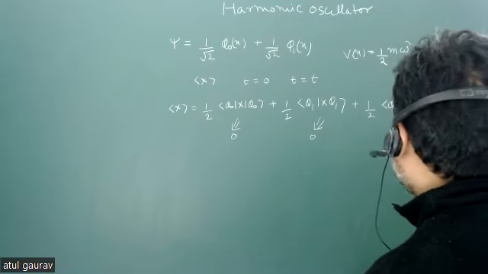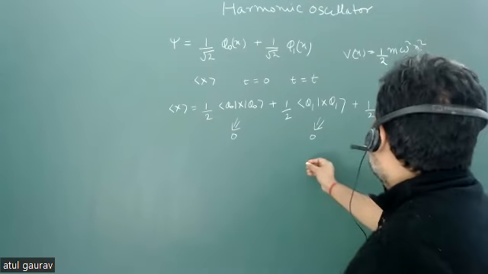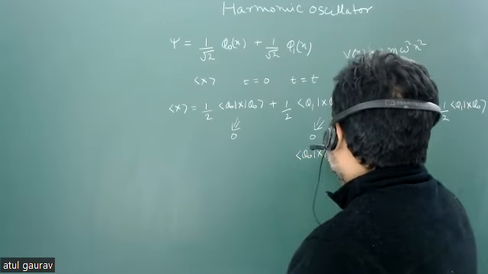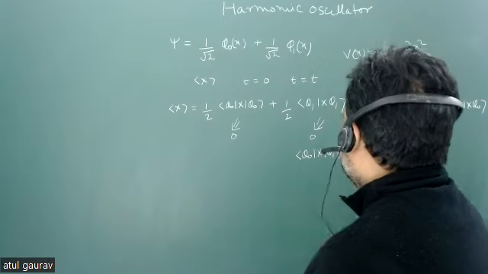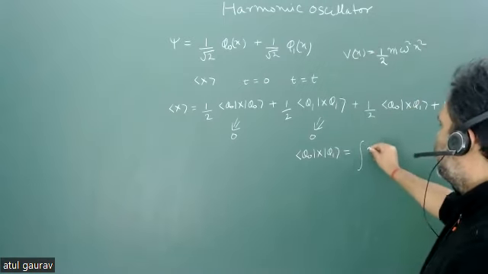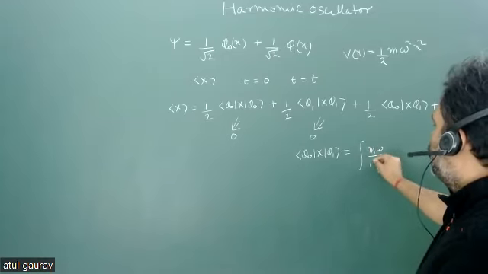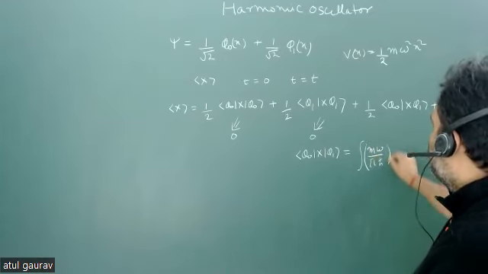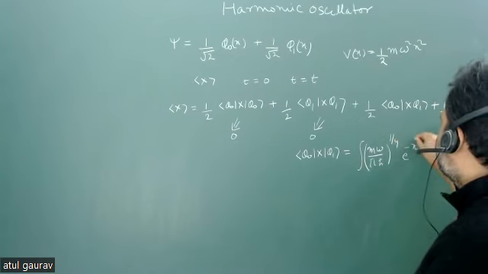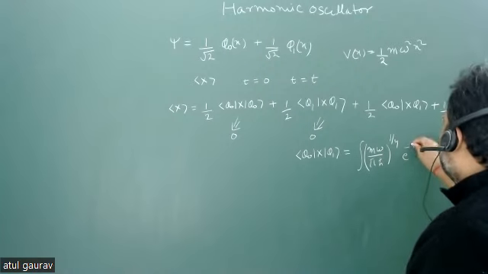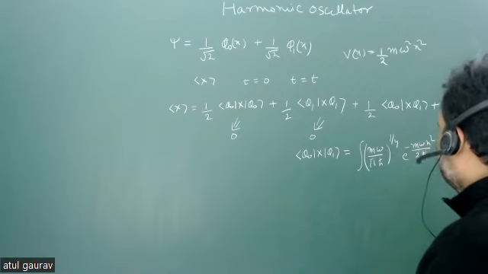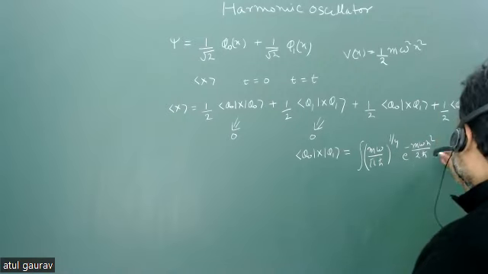So anyway, let's try calculating phi naught x phi 1. So what is my phi naught? Phi naught is (m omega upon pi h cut) to the power 1 by 4 e to the power minus m omega x square upon 2h cut.